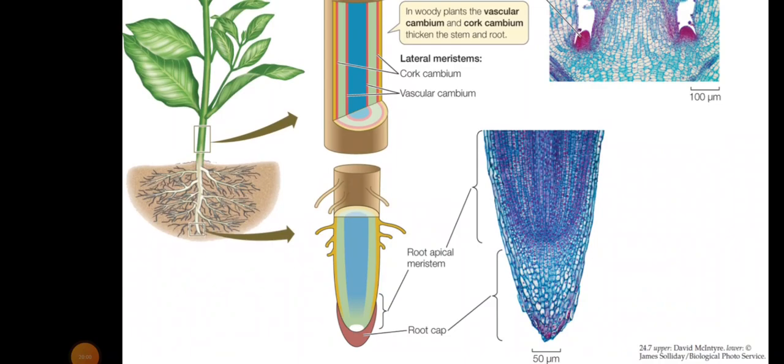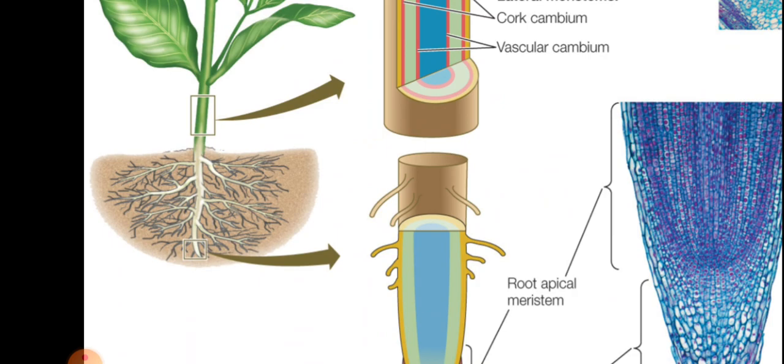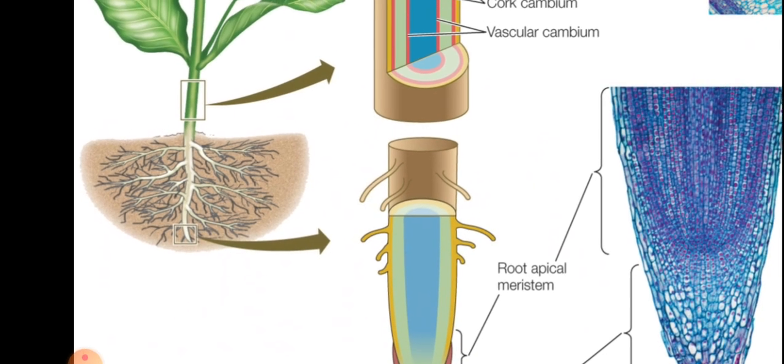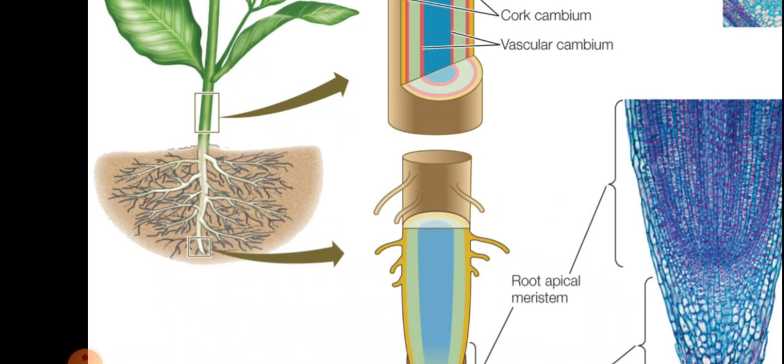RAM is the root apical meristem, and this root apical meristem is structurally less complex than the shoot apical meristem. The root region consists of only roots, but in the shoot region there are so many branches, flowers, fruits, and leaves present.